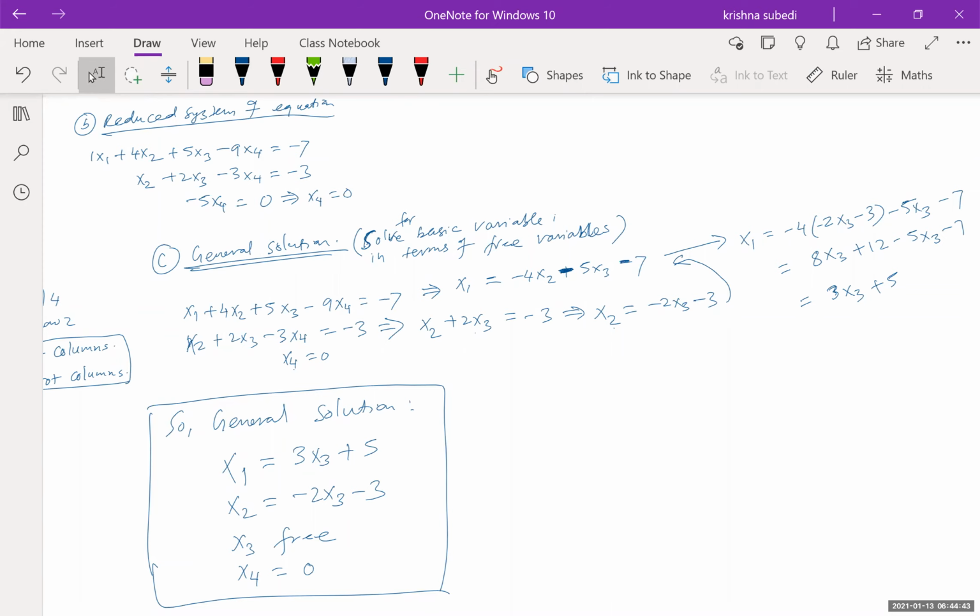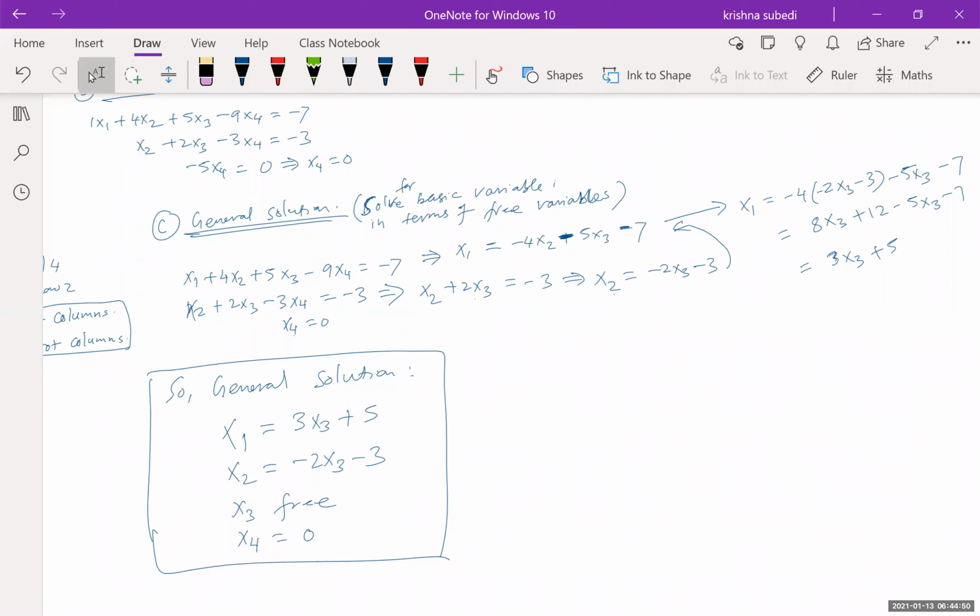It's an underdetermined system. So in that case, we always have some free variable. What it means is for X3, you can choose any value that you like, and still the system will be satisfied. X3 free means you are free to choose any value for X3.